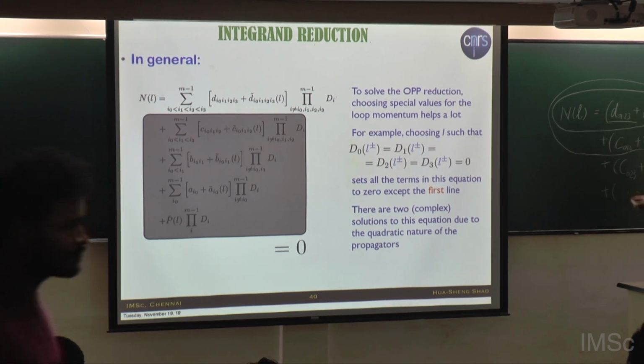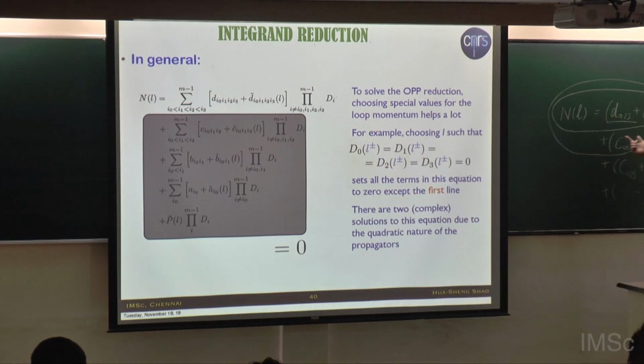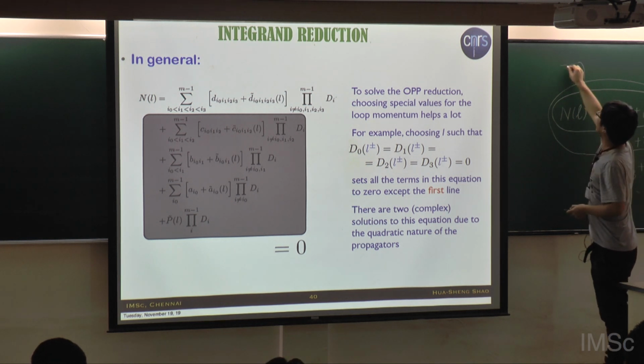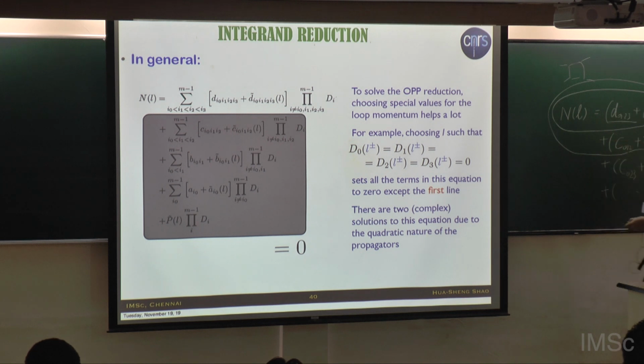This is basically the example. If we have a 2-to-2 process, we have a box diagram multiplied by four loop propagators. Then you know the numerator.